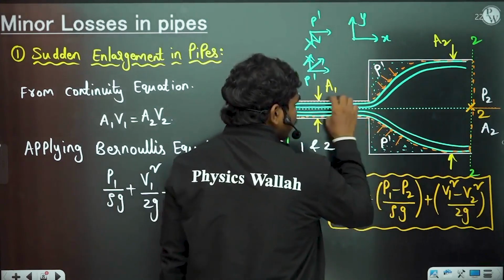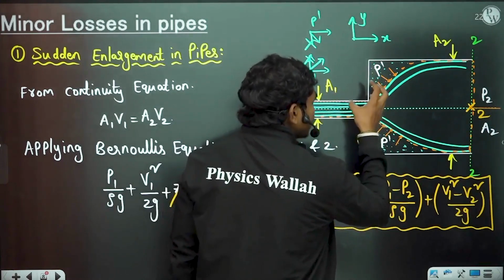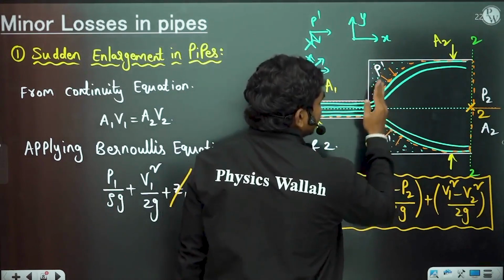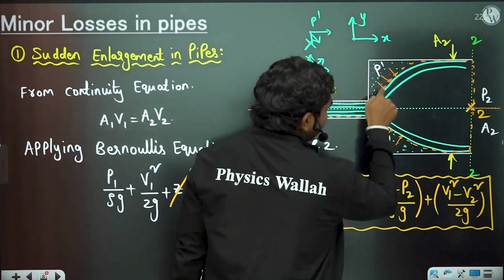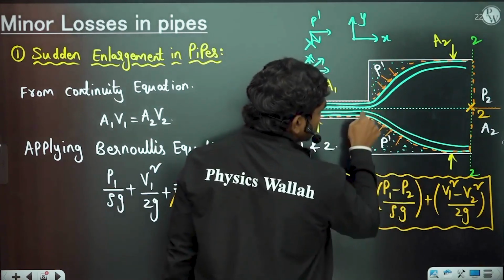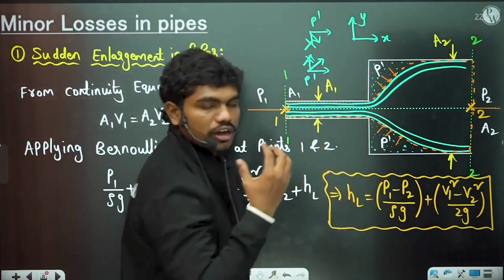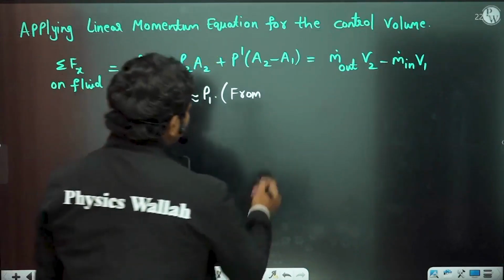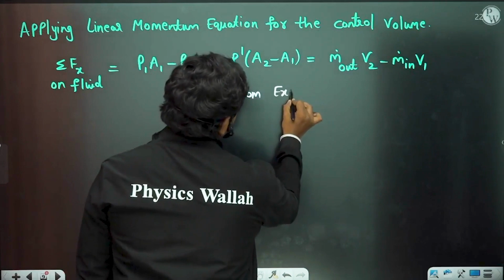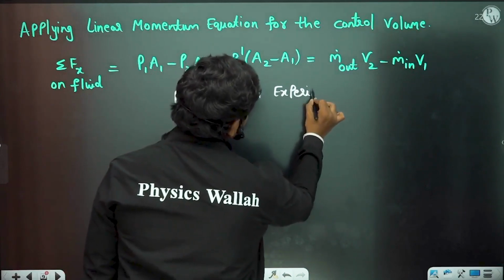Till here the pressure is P1, then it takes some length for the pressure to settle. So P dash will be very close to the pressure at this location, which is also observed by the pressure gauges. That's how P dash and P1 are taken from the experiments.